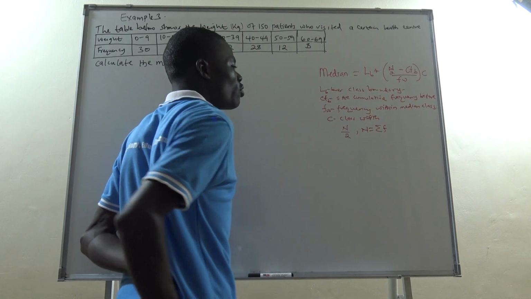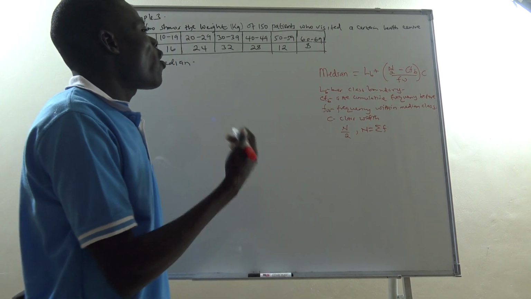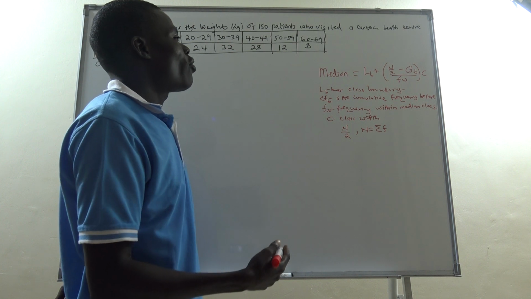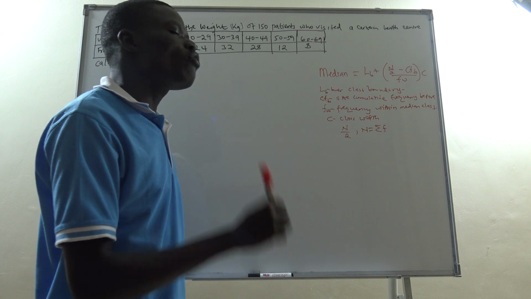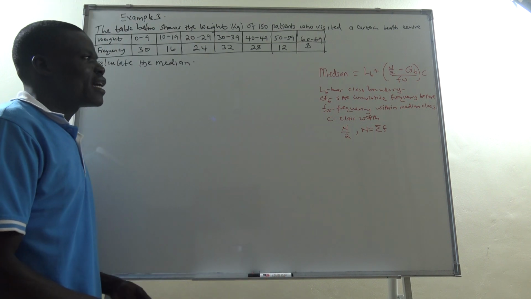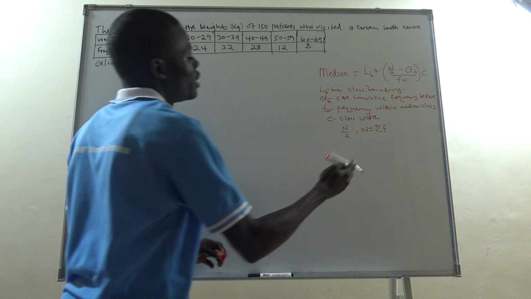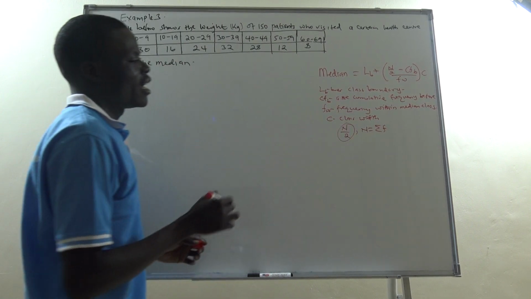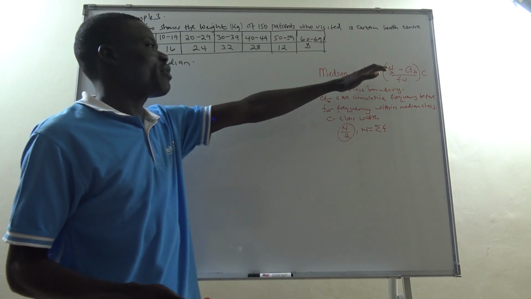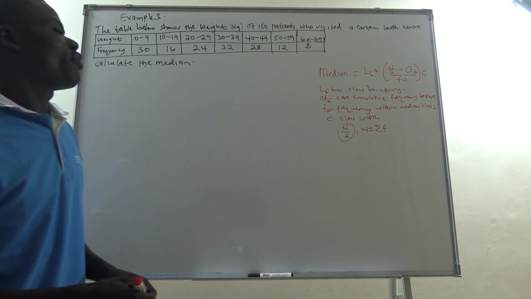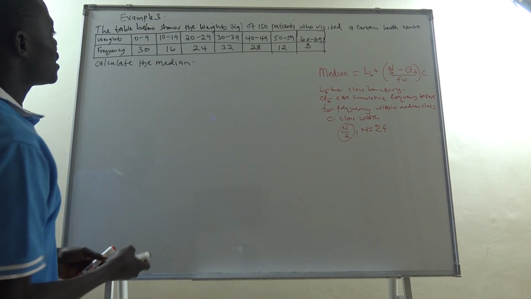So you get summation of f divided by 2, and then you locate the value in the column of cumulative frequency, and you get the value that is equal to or greater than the value you have identified from this expression here. Then that value will give you the median class. Now it is from the median class where you will generate all these constants.